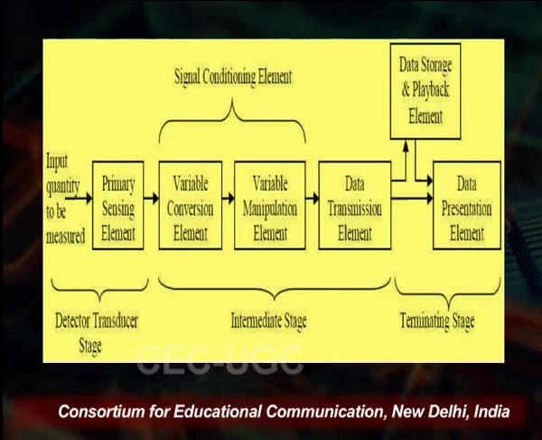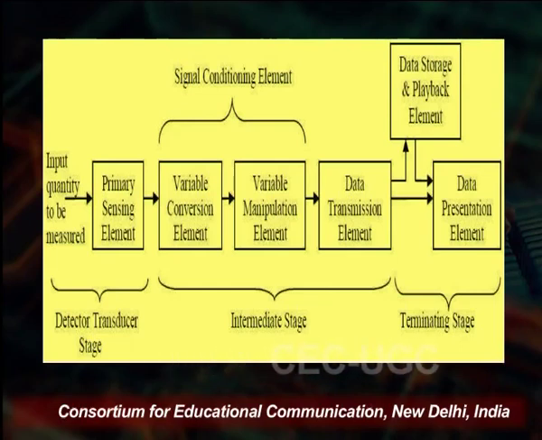There is an input quantity to be measured. First we have the detector transducer stage, where we have the primary sensing element, which takes the input quantity to be measured.